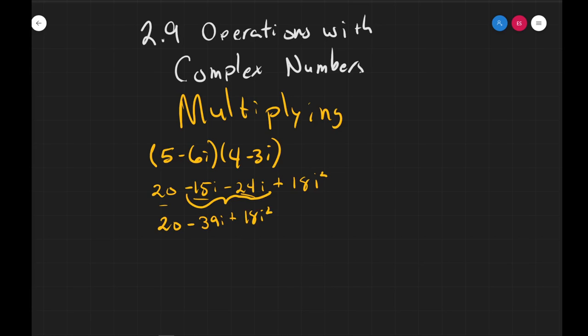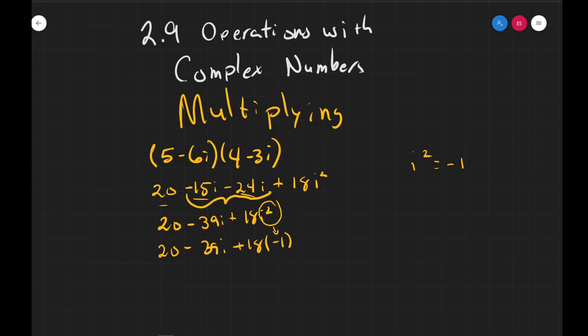Okay? So from here, we would normally be done if we were just working with variables. But remember earlier, what did we say that i squared was going to equal? i squared equals what value? Well, it equals negative 1. So this is going to be 20 minus 39i plus 18 times negative 1, which is our value for i squared.